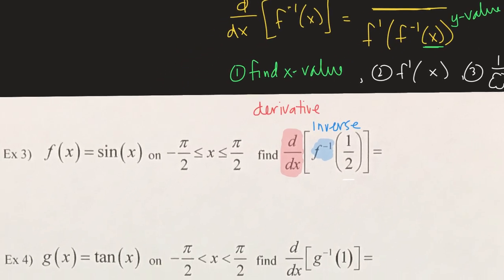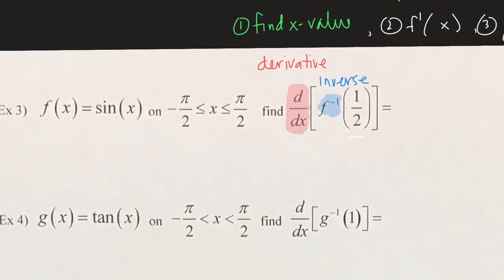So let's see, we have the sine function, and we want to know what is the derivative of the inverse of sine, or arc sine, at 1/2. Remember, this is an x value for your inverse, so it's a y value for your function.